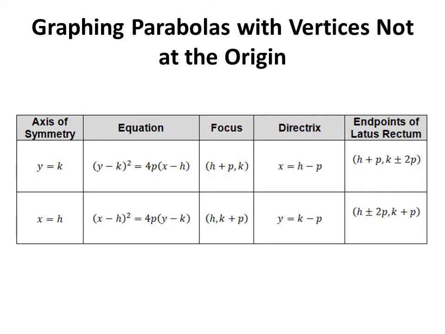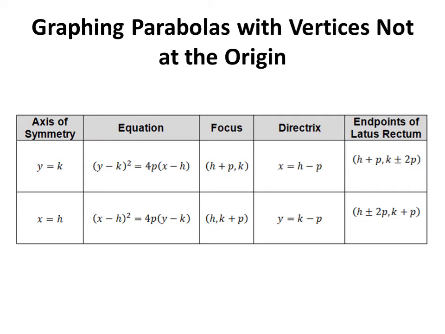To graph parabolas with a vertex (h, k) other than the origin, we use the standard form (y minus k) squared equals 4p times (x minus h) for parabolas that have an axis of symmetry parallel to the x-axis, and (x minus h) squared equals 4p times (y minus k) for parabolas that have an axis of symmetry parallel to the y-axis.